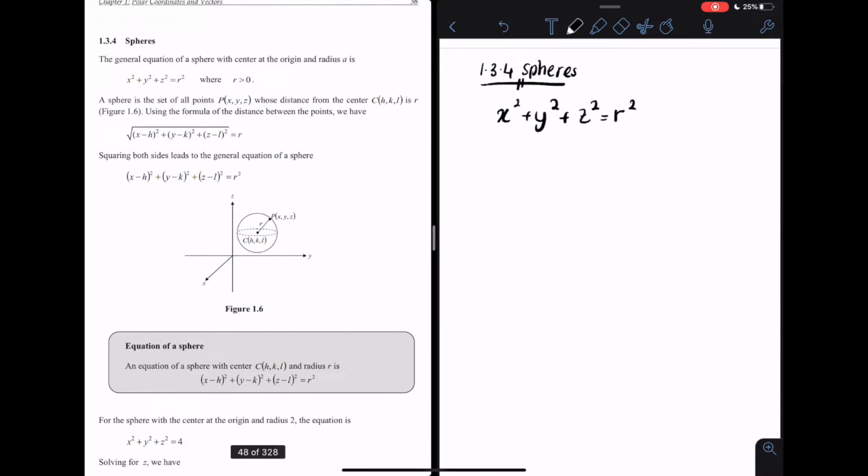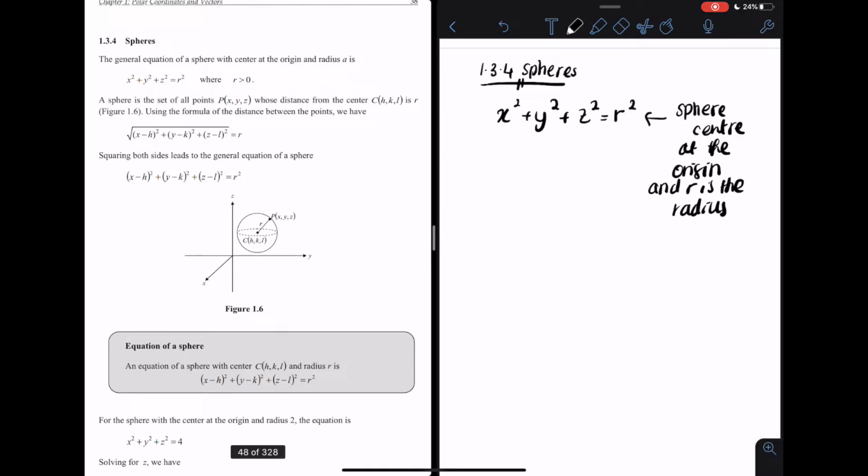Instead, the center is at some point H, K, L, and this is the equation to represent a sphere centered at the origin, and r is the radius.